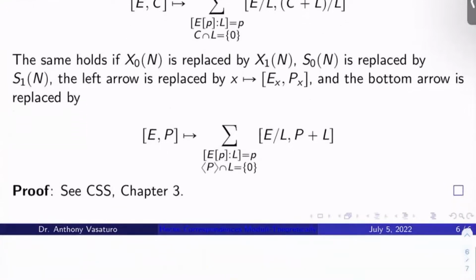It would send a complex enhanced elliptic curve for gamma sub 1 of N, which we'll call E comma P, to the sum of what? Over what?